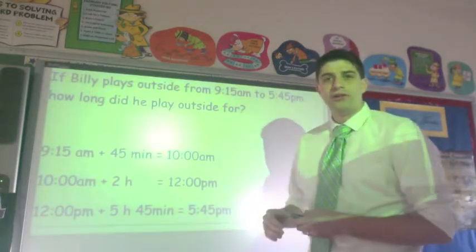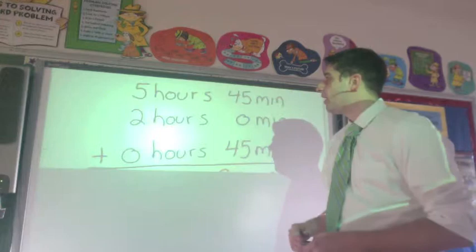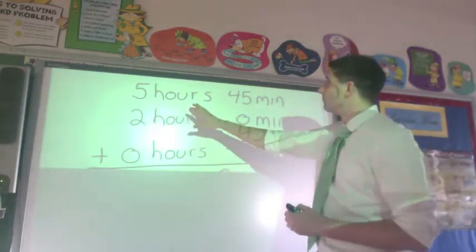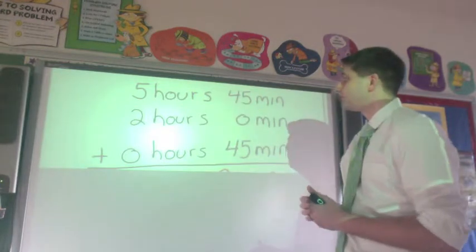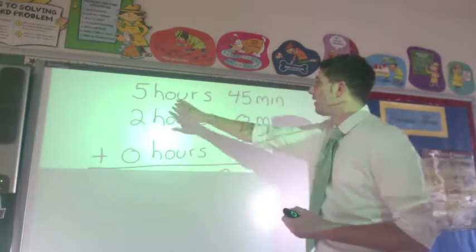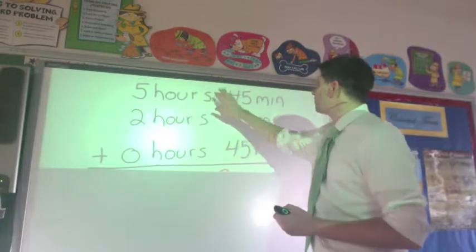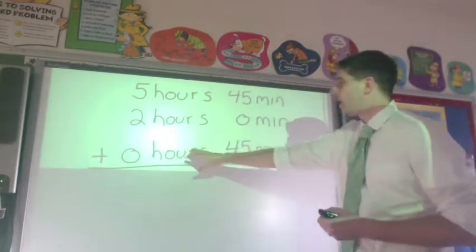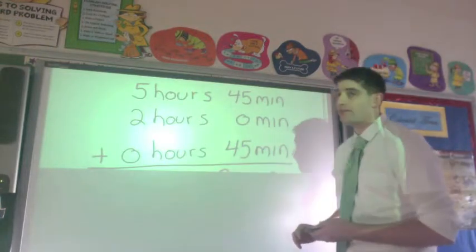It may look a little confusing, so what I've done on the next slide is I made everything look a little more aesthetically pleasing. I lined up all my hours and all my minutes. If you remember correctly, we added 5 hours and 45 minutes, we added 2 hours and 0 minutes, and 0 hours and 45 minutes.